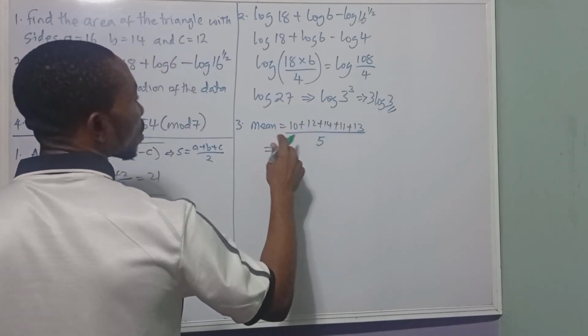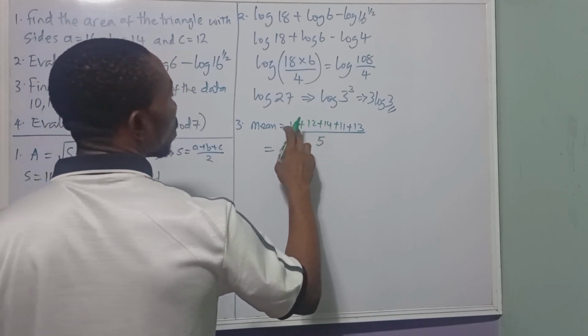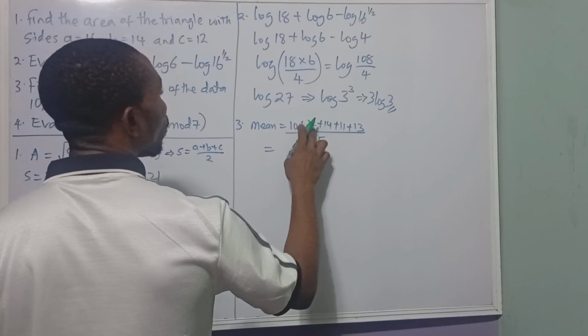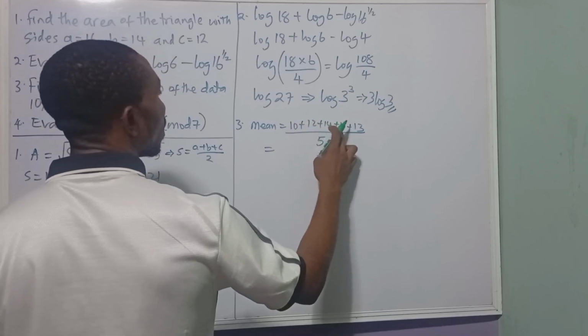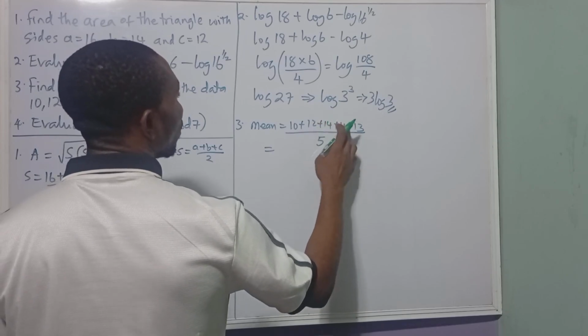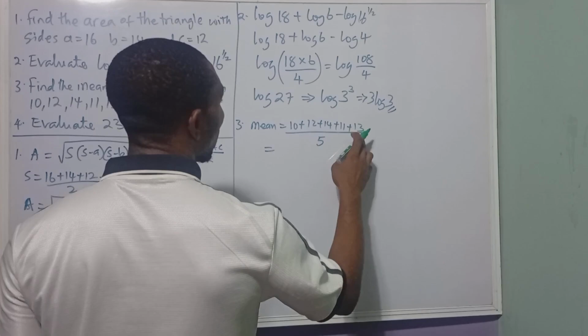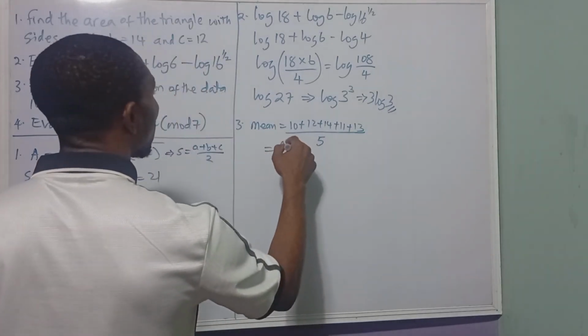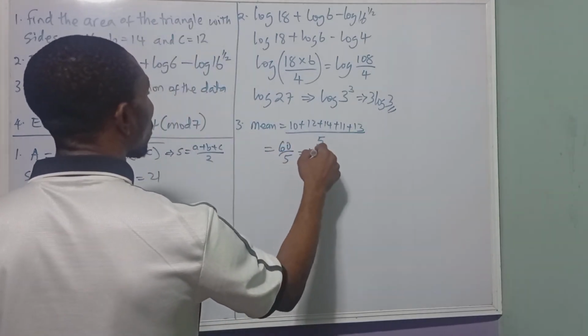So this gives us 60 over 5, which gives us 12.